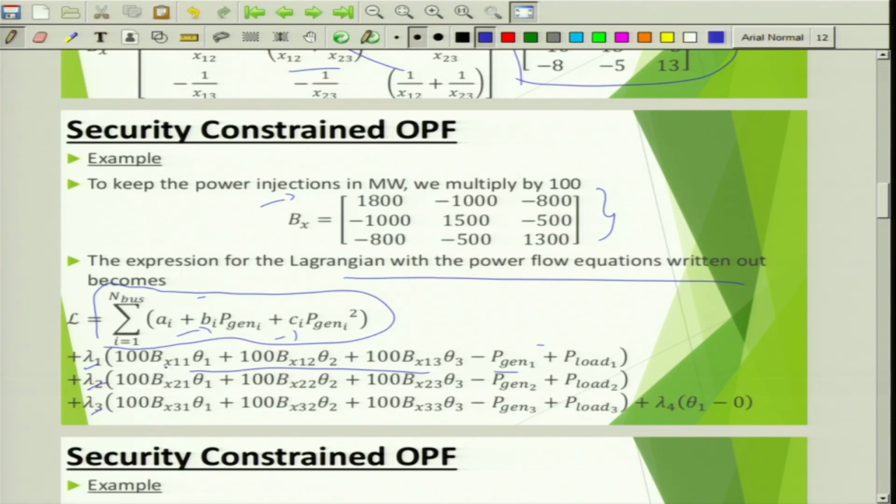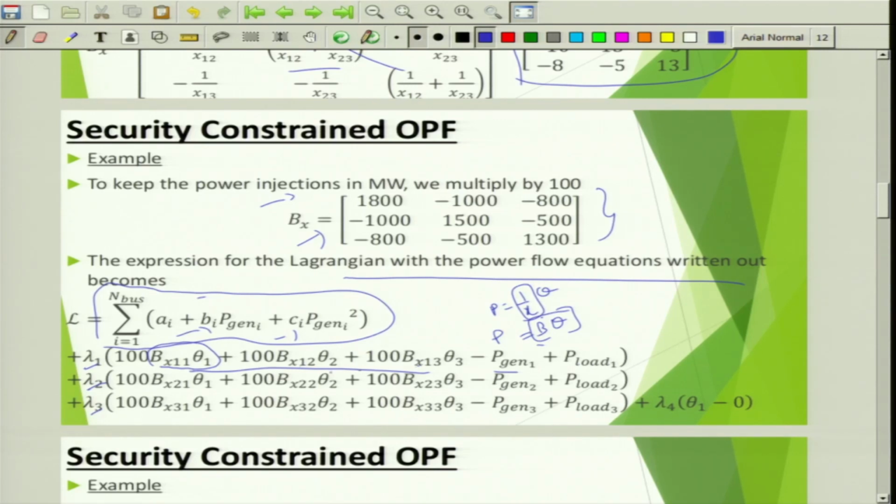Similarly, lambda 2 corresponds to generator 2 and lambda 3 corresponds to generator 3. You can see here Bx into theta represents power output. If you see here, P is 1 by x into theta, and 1 by x is nothing but B. So B into theta represents the power output.